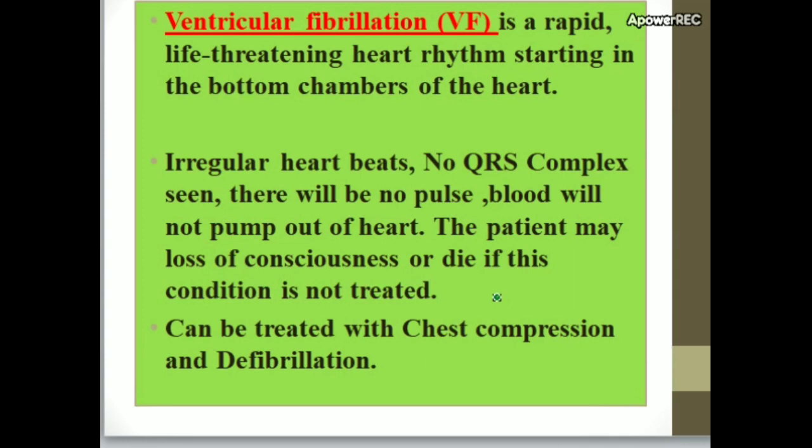It can be treated with chest compression and defibrillation. So VF is an abnormal and dangerous heart rhythm. If we do not treat the patient immediately, he may die, and we can treat the patient with chest compression and defibrillation. Please comment your experience below.